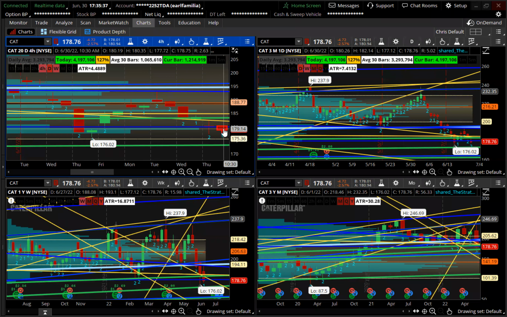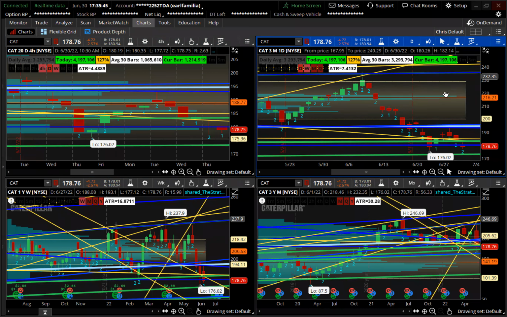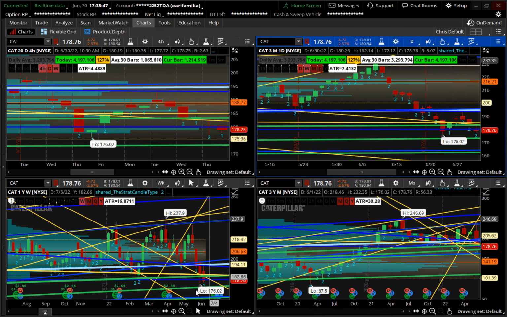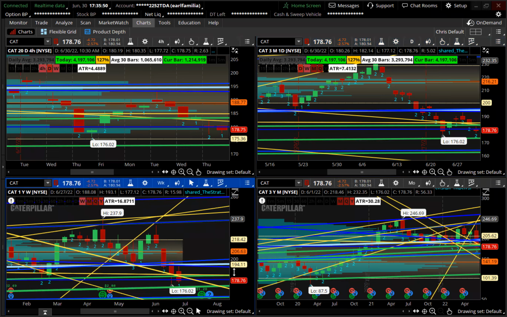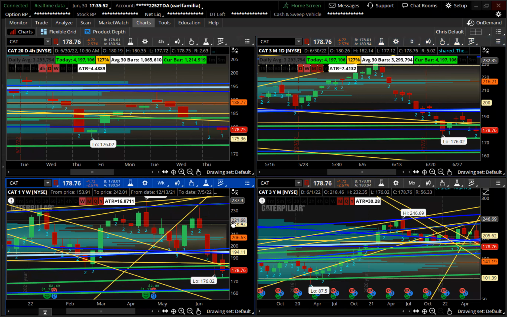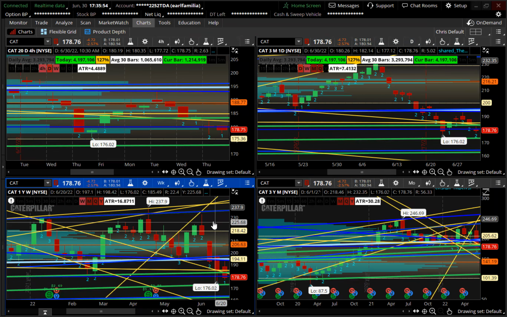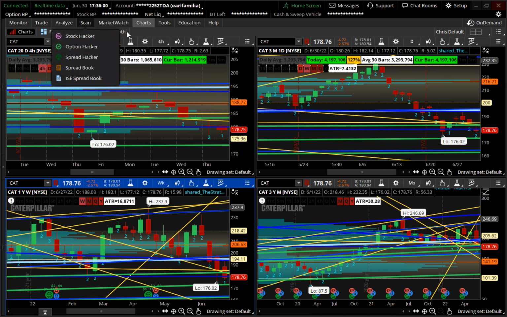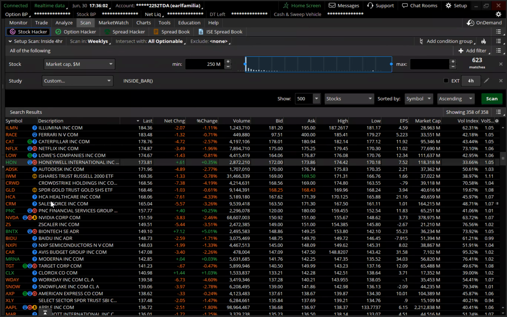So that may be one to consider as well. We could probably take this one down to the 175 range. That's clean. We got an inside week. I hope it doesn't go too far down on the week, because then that would be a nice looking setup for next week. So that looks good. Let's keep going.